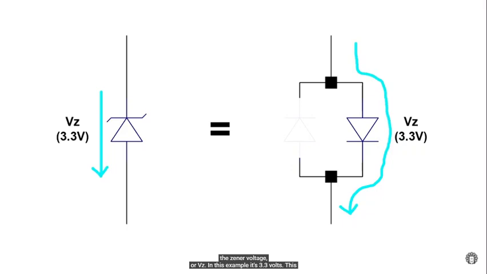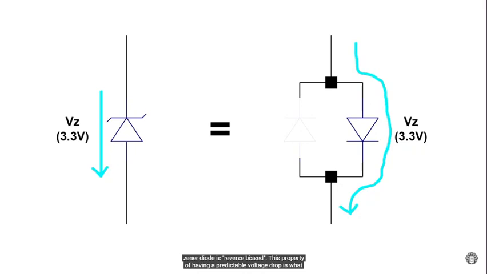In this example, it's 3.3 volts. This Zener diode will not allow current to flow in this direction unless there's at least 3.3 volts across it. But once there is sufficient voltage, the current can flow in this direction, and you'll get a constant voltage drop of 3.3 volts. Since current is flowing backwards, we say that the Zener diode is reverse biased.